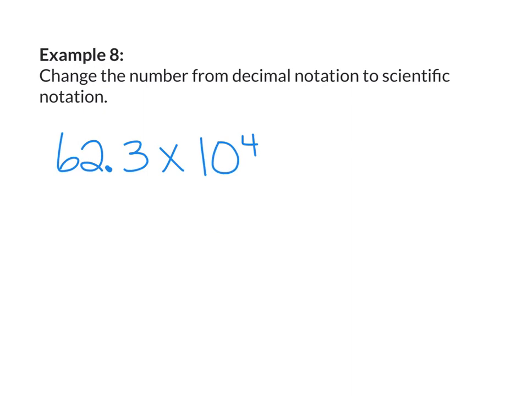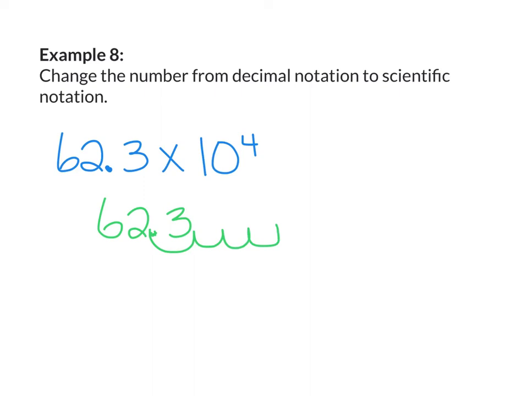Example 8. Change the number from decimal notation to scientific notation. Don't let this one confuse you. It is not written in scientific notation. Remember, in scientific notation, the decimal needs to be right after the first non-zero digit. So what I need to do is expand this. So I have 62.3, and my exponent is a 4, so I need to move my decimal 4 times to the right. 1, 2, 3, 4.